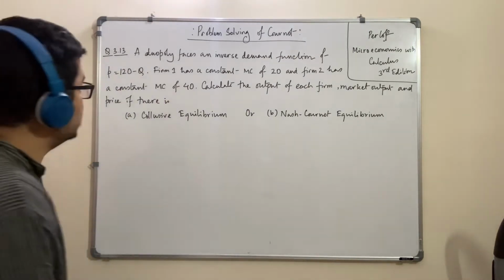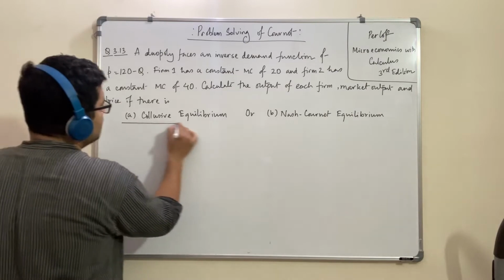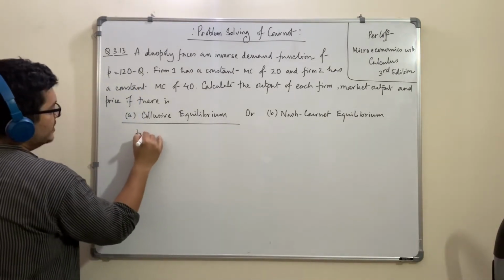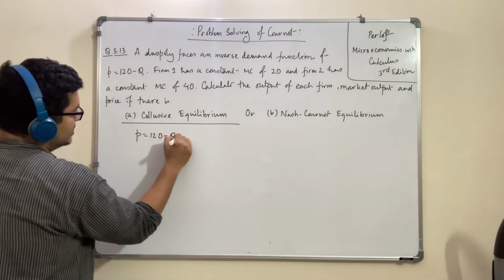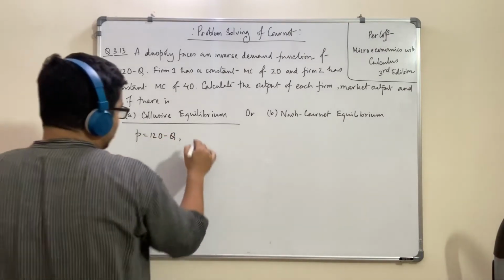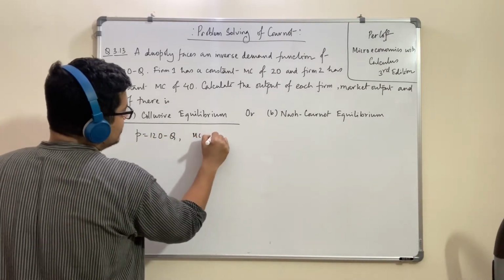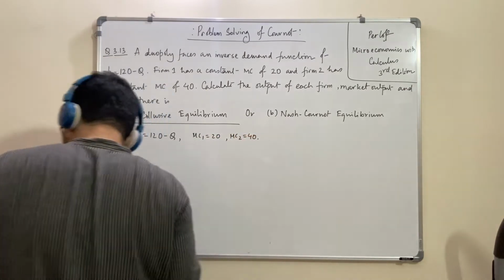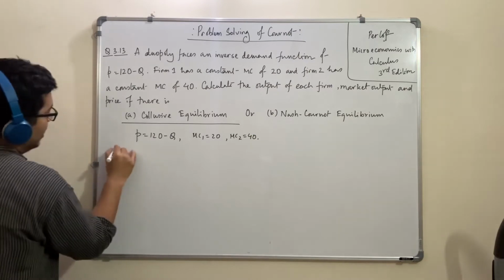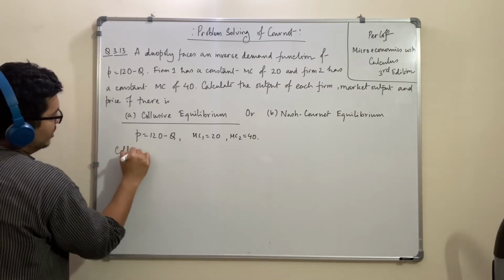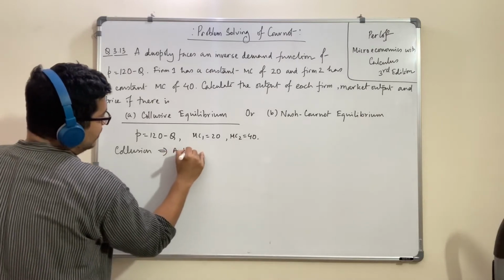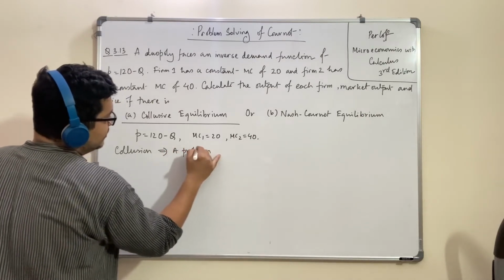so let's just first solve the collusive equilibrium. All right. So our demand curve is P equal to 120 minus Q, and our MC1 is 20, MC2 is 40. Now, in general, collusion basically implies a problem of multi-plant monopolist.